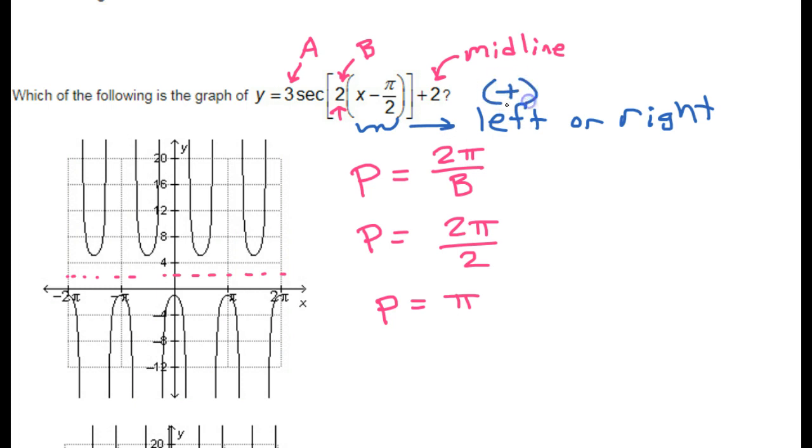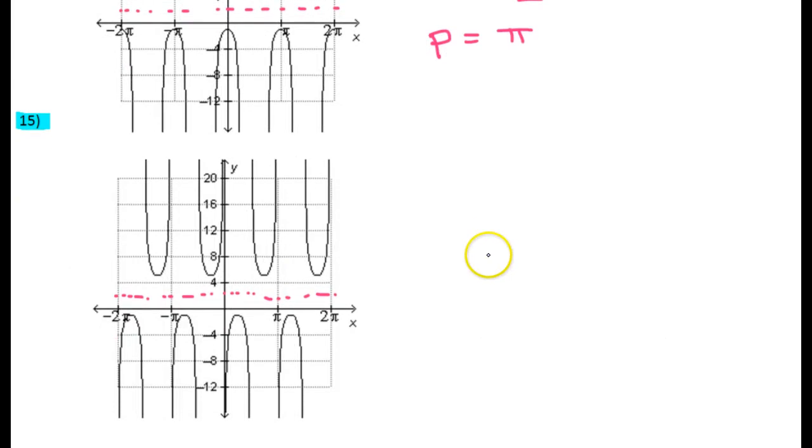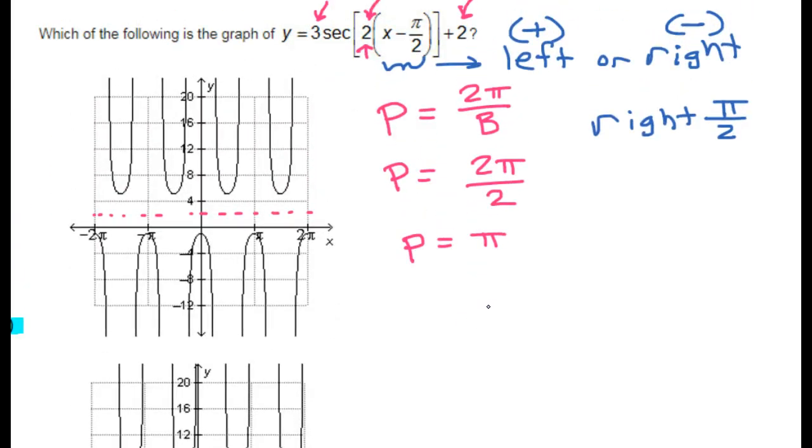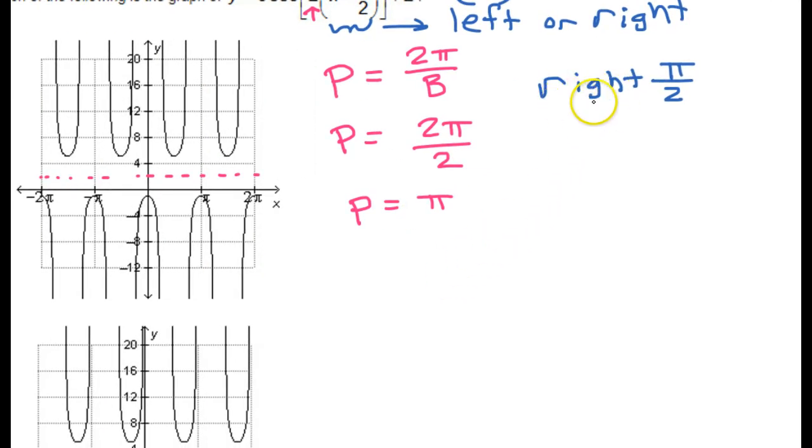It will actually be left if it is positive, and it'll be to the right if you're looking at a negative number. So because this is minus pi over 2, this is actually a shift to the right by pi over 2. So one of these two graphs is shifted to the right by pi over 2. I think we need to sketch a graph and then imagine what it would look like if we shifted it to the right. So let's sketch a graph.